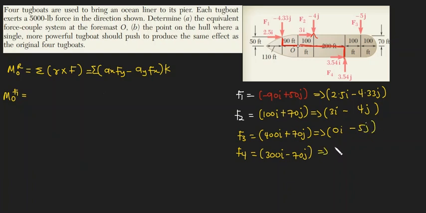And for this we have 3.54 for the i and 3.54 for the j. So let's compute for each one of them.